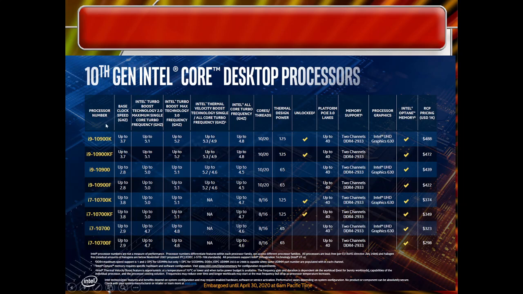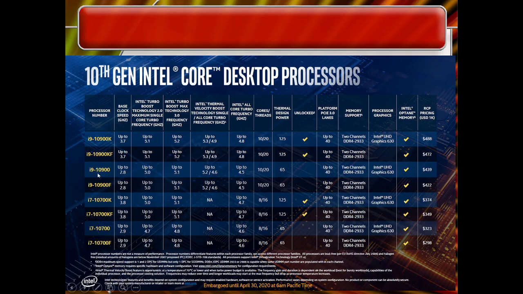Processor name, so this is very important whenever you deal with your computers, your computer CPU, how you can judge the name of the processor. So this is i9, which refers to Core i9, and 10900K. This 10 specifically refers to the generation.